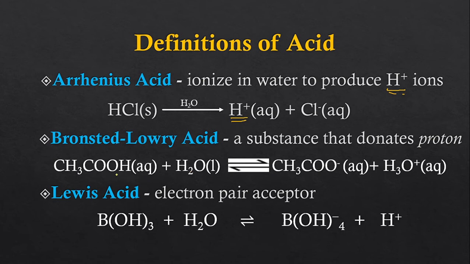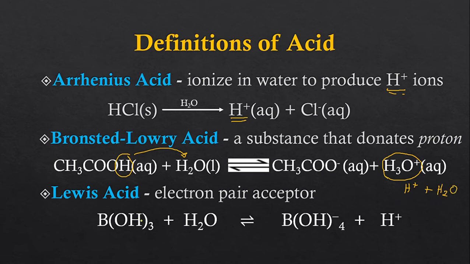Bronsted acid naman, yung ating acid, ang acid ay substance na nagdo-donate ng proton. So, ito yung proton na idodonate niya kay water, at ito yung mabubuo natin. Hydronium ion, again, yung hydronium ion na yan, H positive din lang yan na nag-react with water.